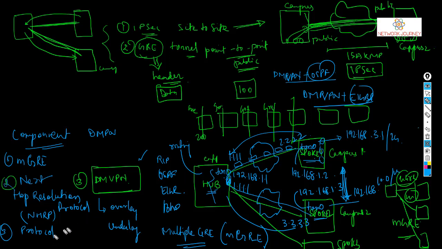What about the other component? The last component here is optional. What is it going to be? It's your IPsec security. IPsec with DMVPN, because DMVPN is over private IPs and it's over the cloud, so it's better you secure your data.